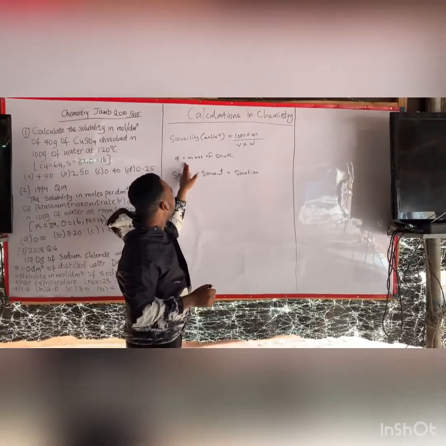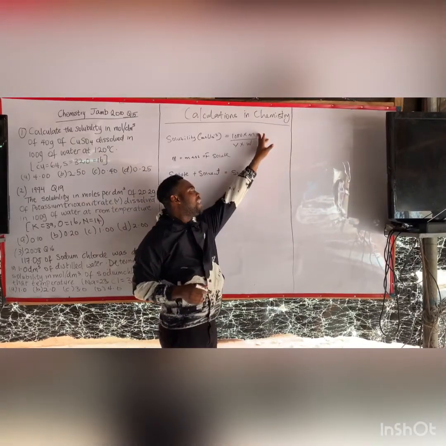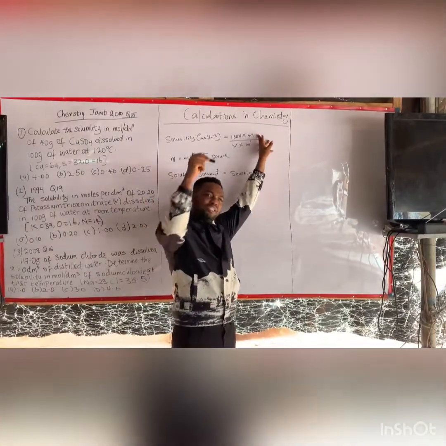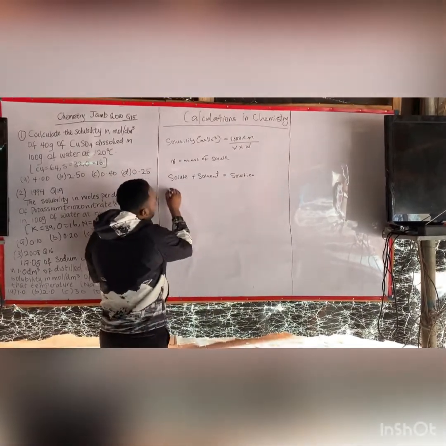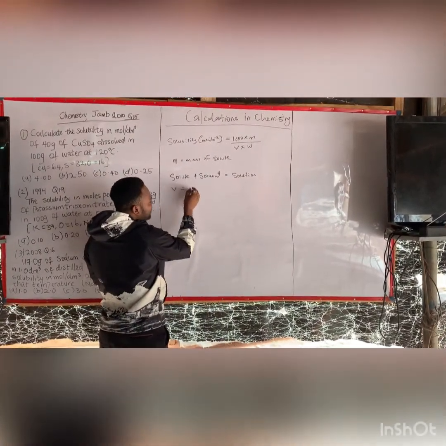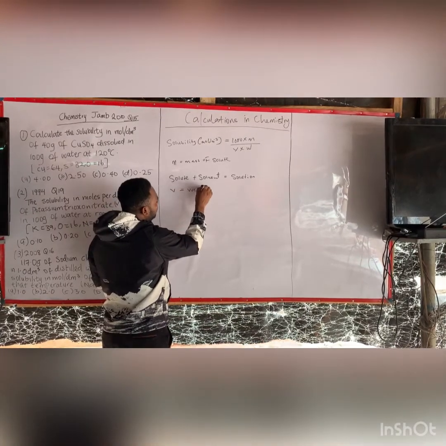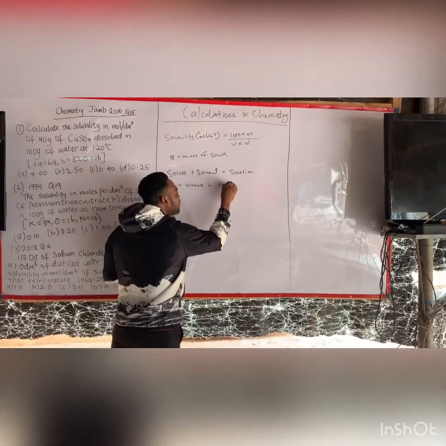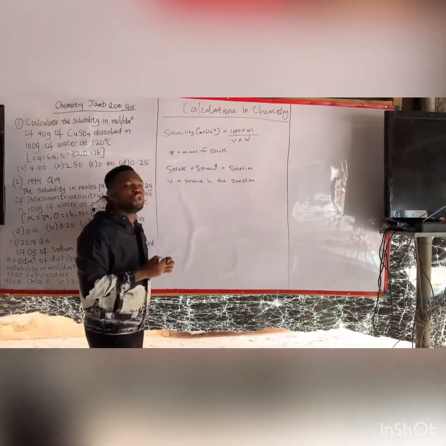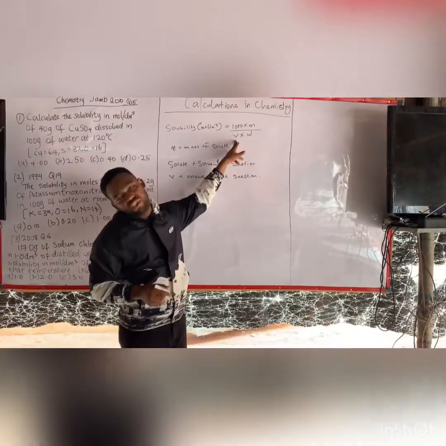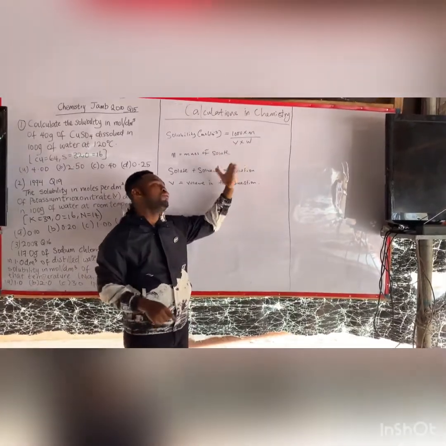Now, the m standing there at the top is the mass of what you are dissolving. That's the mass of the solute. While the v there stands for the volume in the question. Now, why did I say the volume in the question? Usually, this volume is supposed to be the volume of the solution.